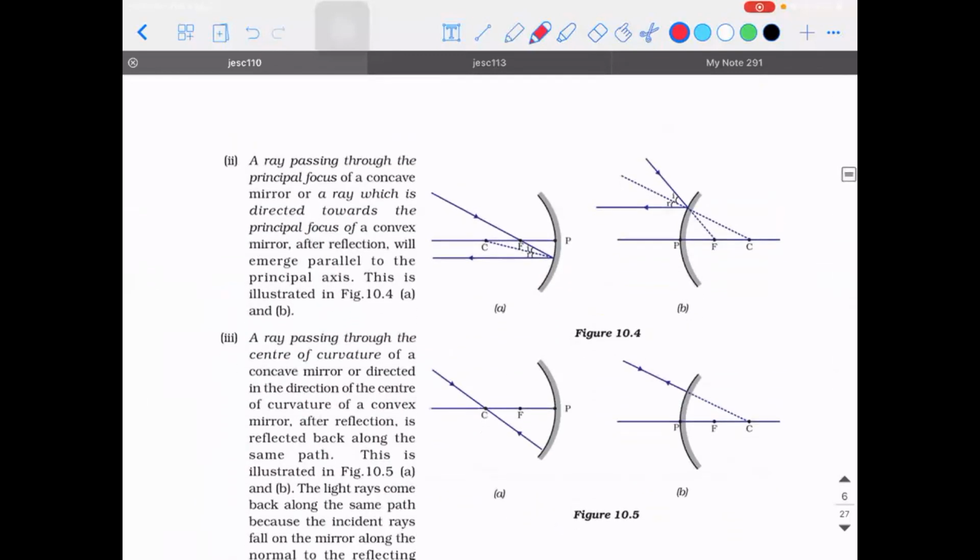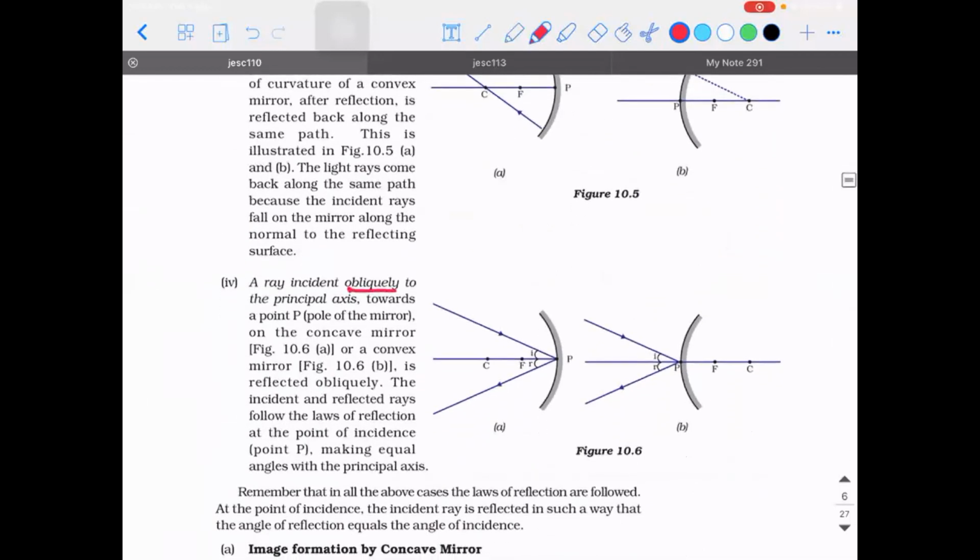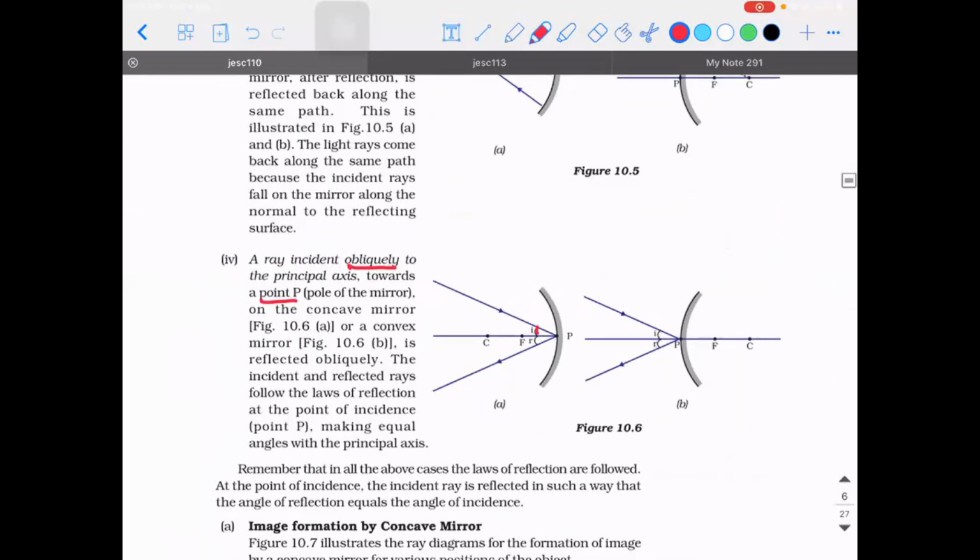Third, a ray through the center of curvature will retrace its path. Answer, the angle of incidence is equal to the angle of reflection, which is 0. And what about the fourth one? A ray incident obliquely, oblique means at a particular angle, to the principal axis at point P, will reflect back symmetric with respect to the principal axis. The angle of incidence here will be equal to the angle of reflection.